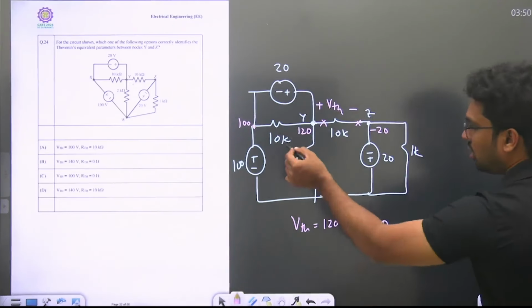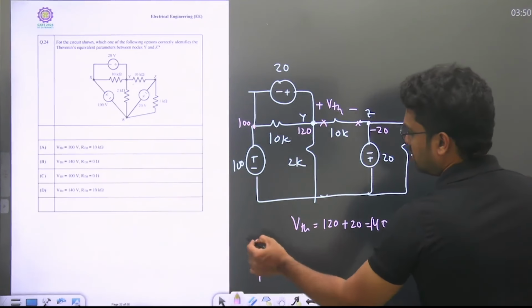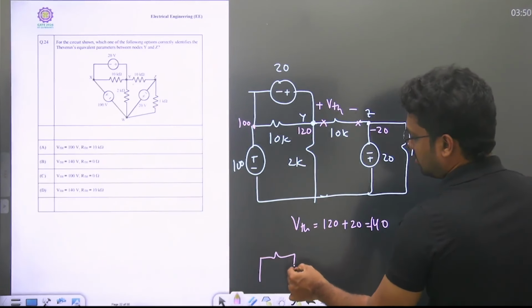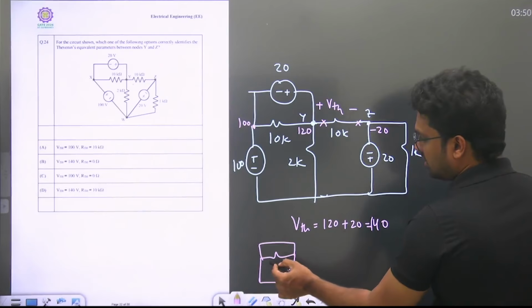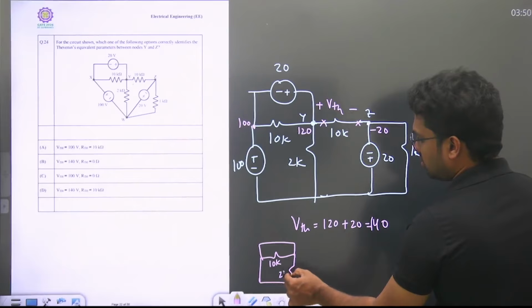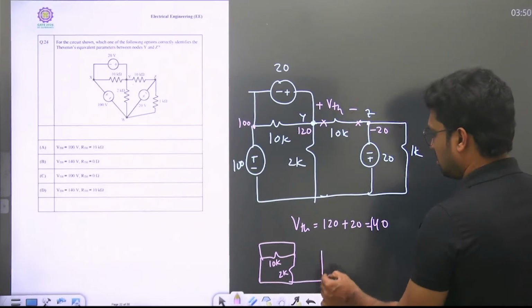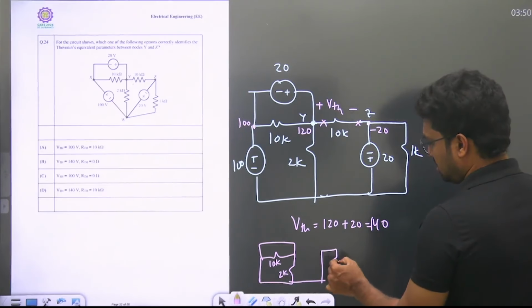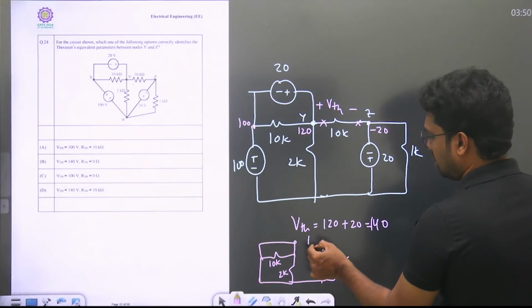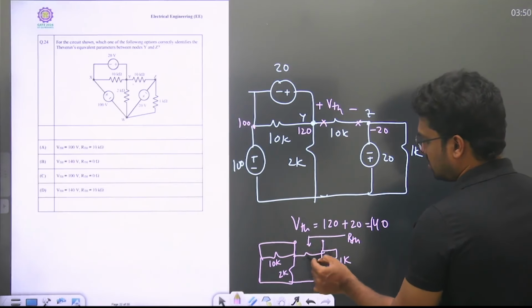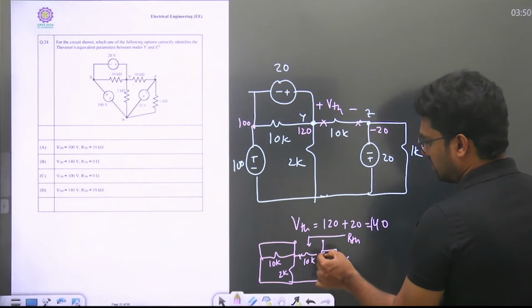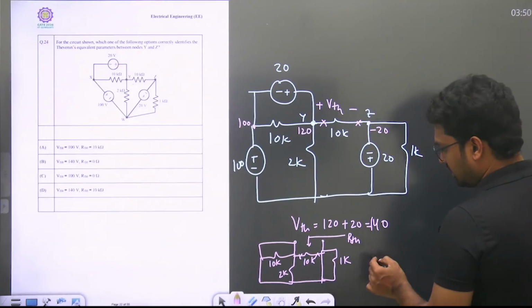For RTH, short the voltage source. And you will have a resistor, and again short the voltage source. Whether you neglect the resistor or not, you can see this is the 1K. So here you need to find RTH. Assume this 10K, you can remove it. In any case, it is like this.